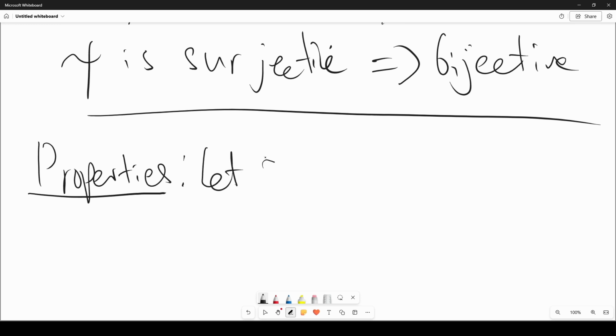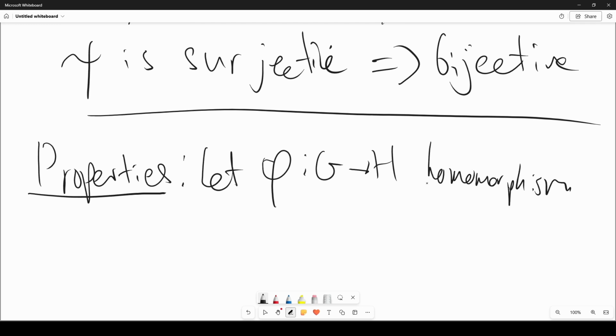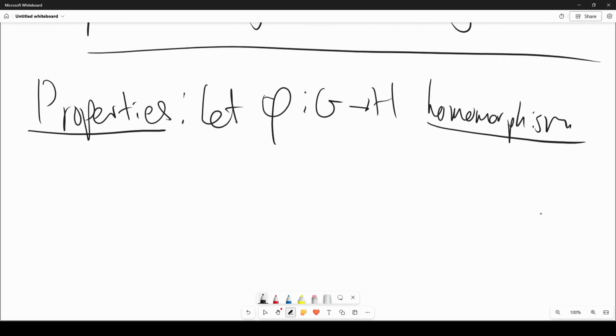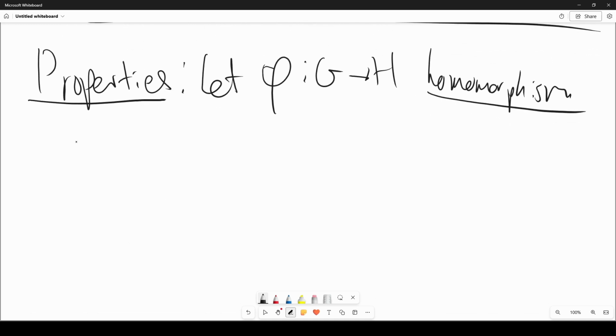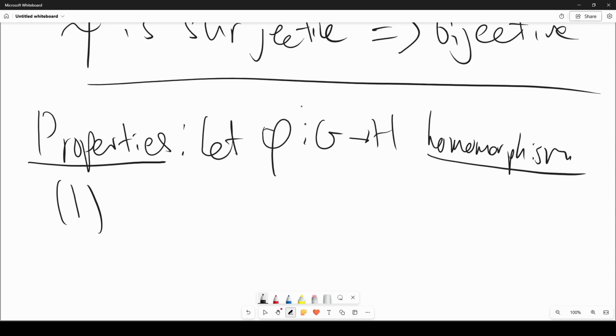So let phi be a homomorphism from G to H. And we're going to try to prove the following 4 properties. First one, also note that I'm going to say the identity in G is 1 sub G, and the identity in H is 1 sub H.